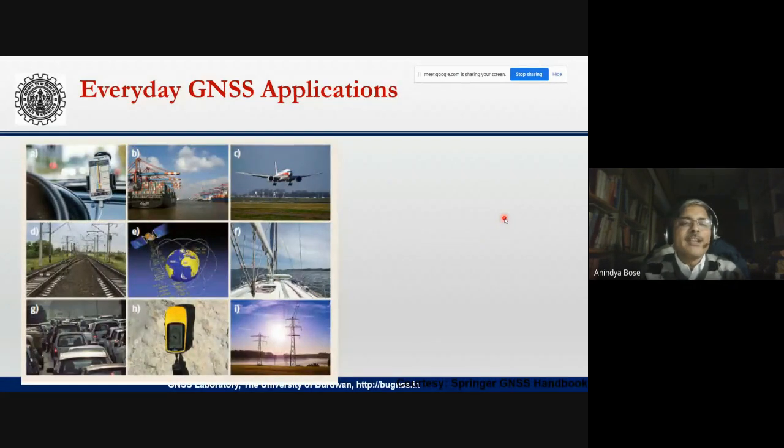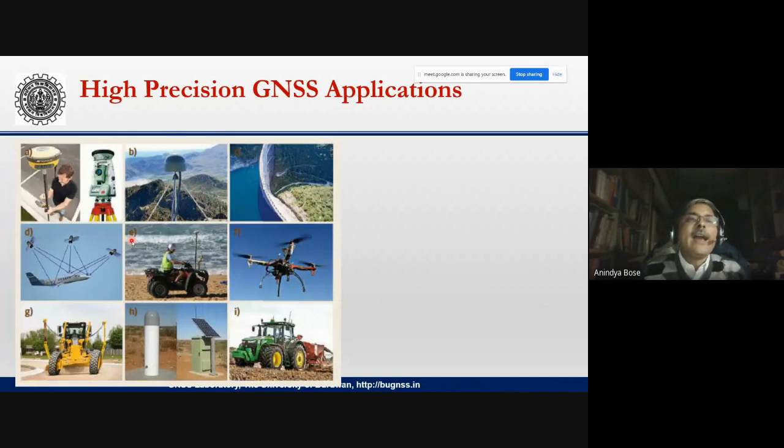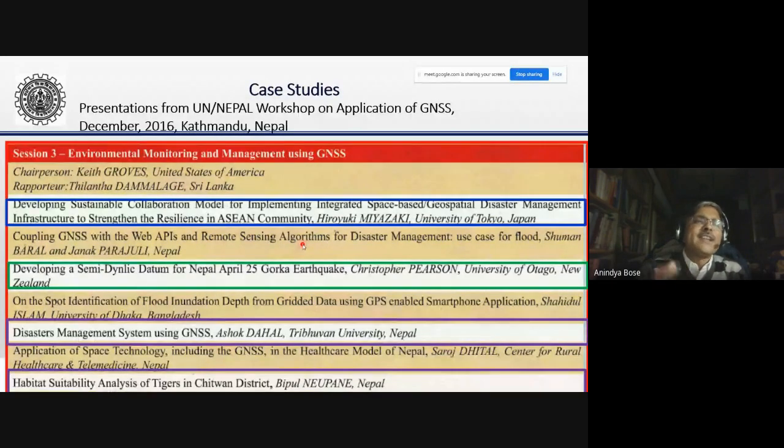For everyday GNSS applications, I think the pictures tell for themselves. What are the everyday types of application: navigation, road navigation, shipping, airlines, etc., in road, maritime, and high-precision GNSS applications, monitoring of dams, continuously operating reference stations, flying of drones, delivery of missiles, etc. Now, different case studies: developing a sustainable collaboration model for implementing integrated space-based geospatial disaster management infrastructure.